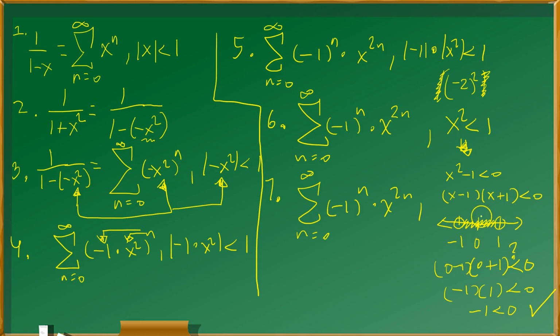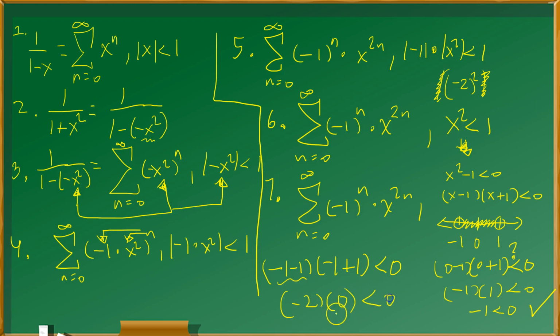Do keep in mind that for this kind of power series, the negative 1 and the 1 themselves are not included. And you can check, for example, if you plug in negative 1, you will have negative 1 minus 1, and then you'll have negative 1 plus 1. Is this less than 0? No, it isn't, because this here is negative 2, but negative 1 plus 1 is 0.